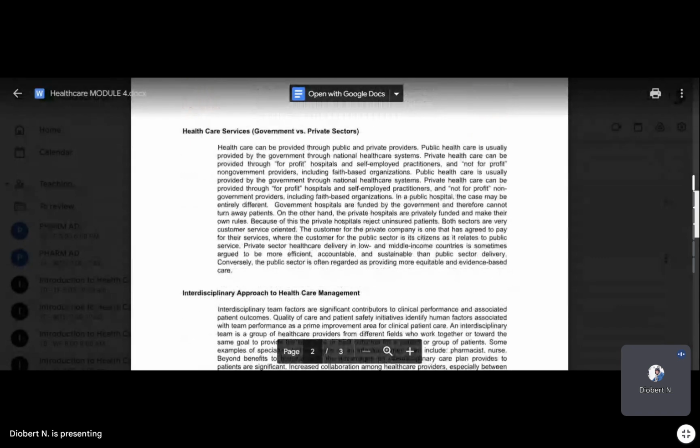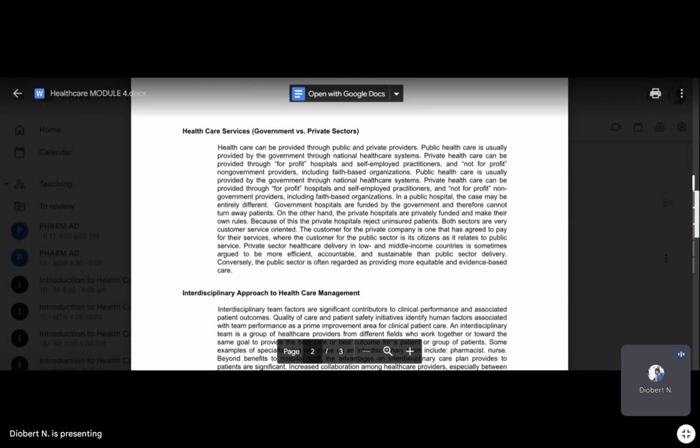So let's move on to the interdisciplinary approach to healthcare management. Okay? It talks about the team, the medical team. And this medical team should relate to each other. They have this interdisciplinary approach in terms of medical procedures.